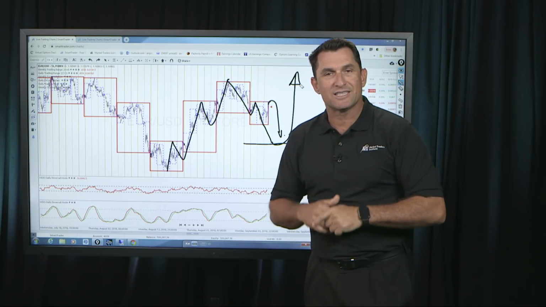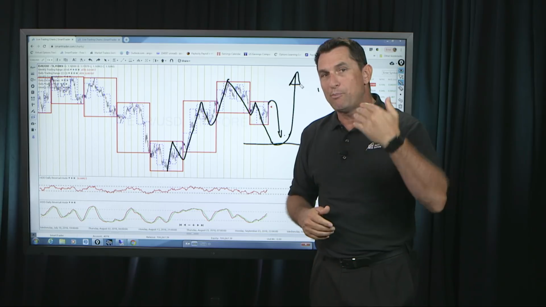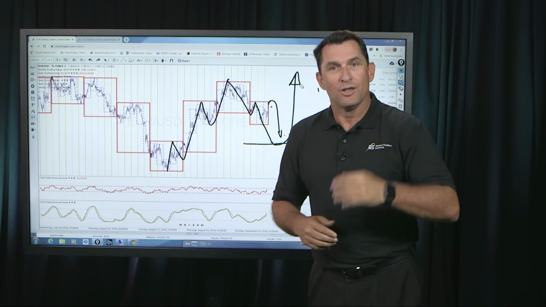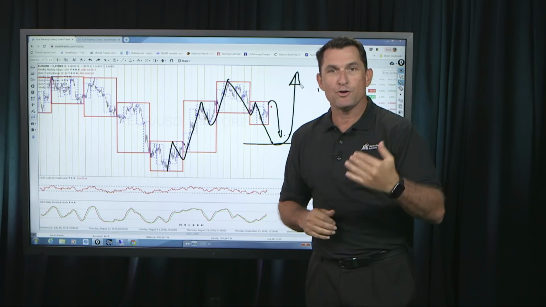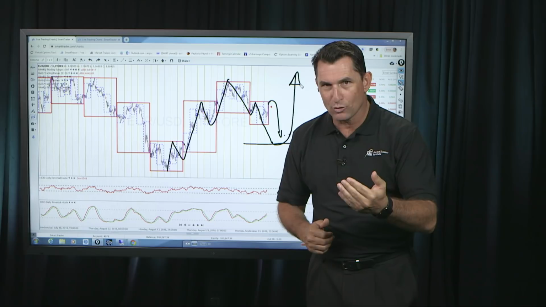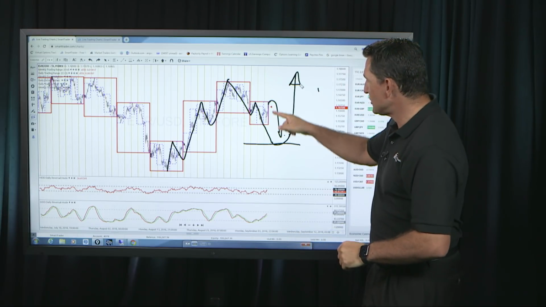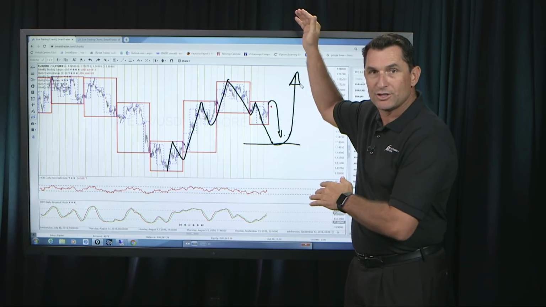So if you are a seller on euro US dollar, you're going to be okay. If you're a buyer on euro US dollar, you're going to be okay. The question here is that where you're placing your stop losses and where you're entering the market is important. Because if you wait to enter the market down here, you'll be buying it low, looking for it to sell high.